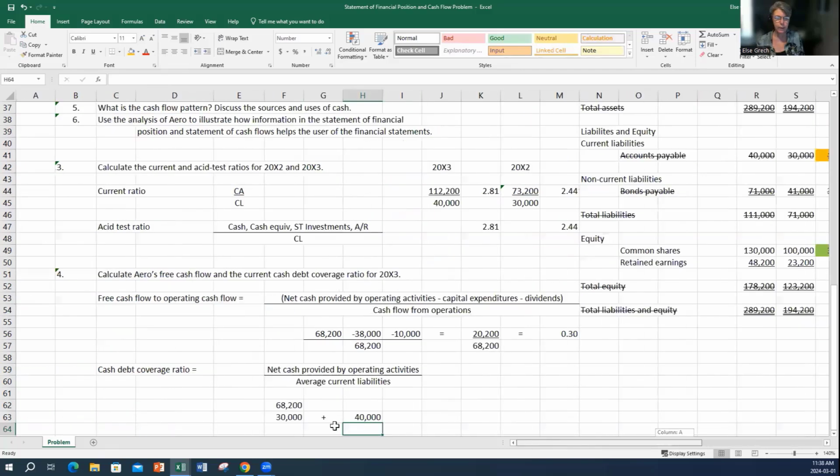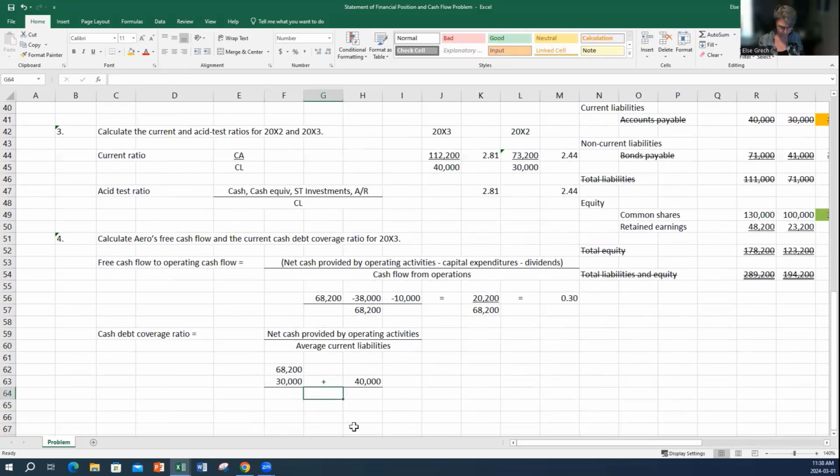And we're going to divide all of that by 2. And keep in mind, we're going to put this right here. I know it looks a little confusing, but it's really not. There we go. So now I've got the 68,200. Take the 30, add in the 40, divide it by the 2. There we go.